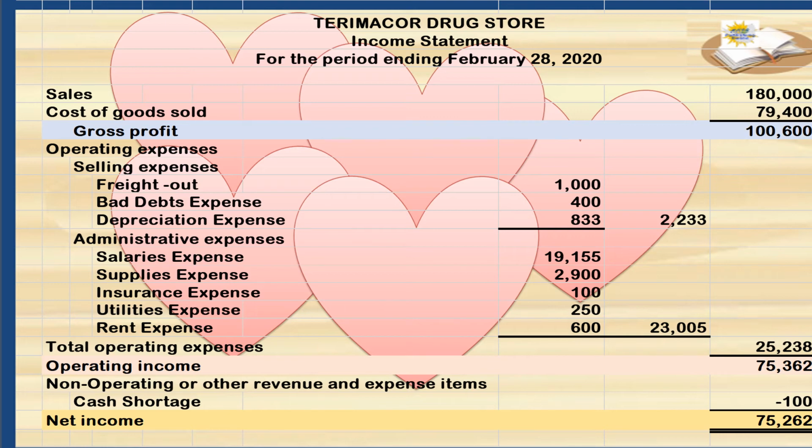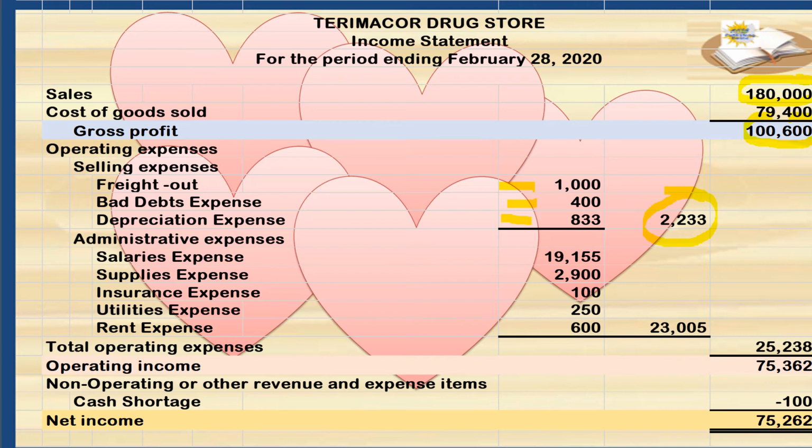We presented the sales of Terimakor of 180,000, then the cost of sales, and we arrived at the gross profit from sales. And then we compute individual selling expenses.